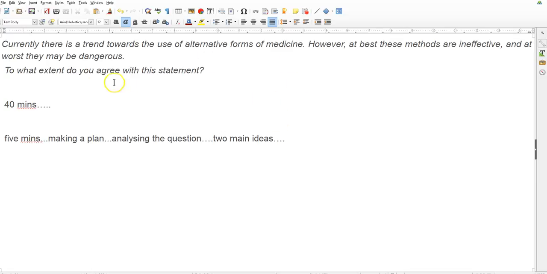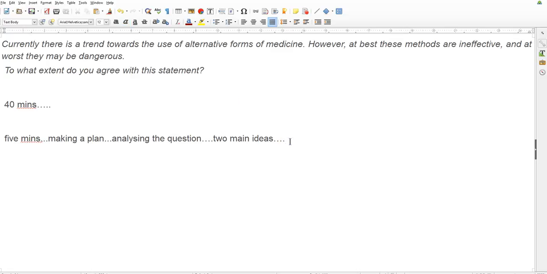So the actual question is, right, however, do you agree or not that alternative medicine in whichever form is ineffective and possibly dangerous? So that's the question. That's what you would need to write about.